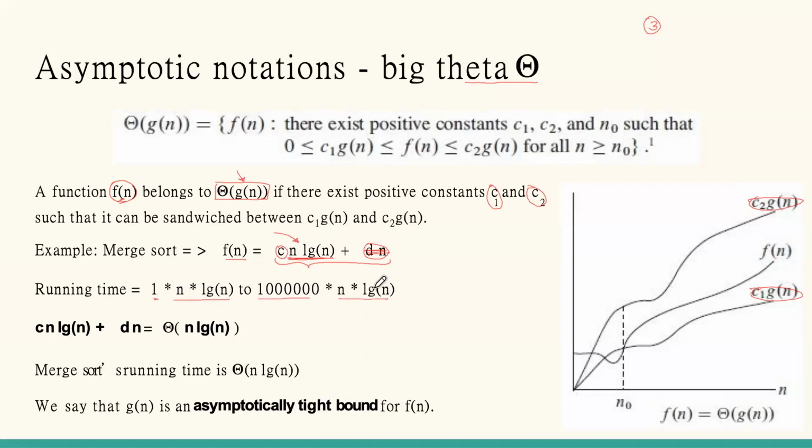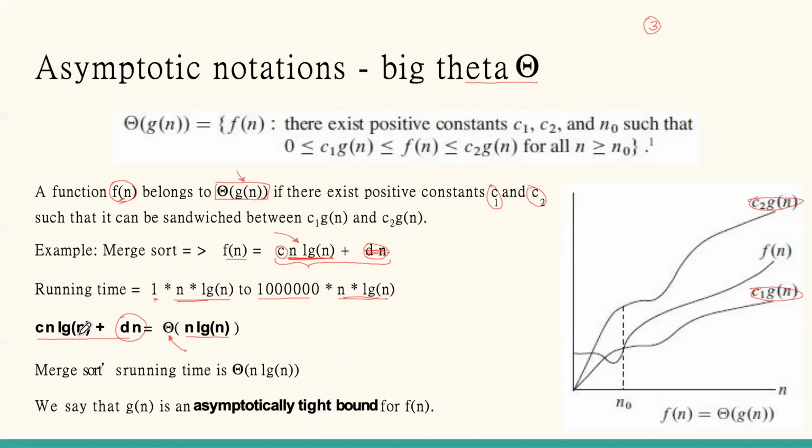Based on the behavior of merge sort, the worst case runtime is also always some constant times n log n, so it can easily be sandwiched between c1 times n log n and c2 times n log n. Hence we can say that the running time of merge sort is big theta of n log n. We can skip this part because it is a much smaller quantity compared to n log n.